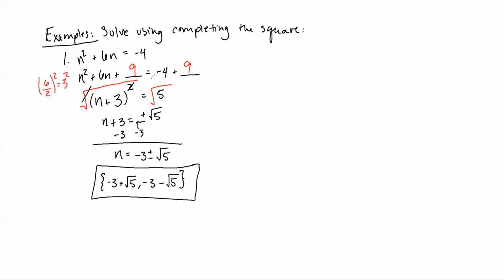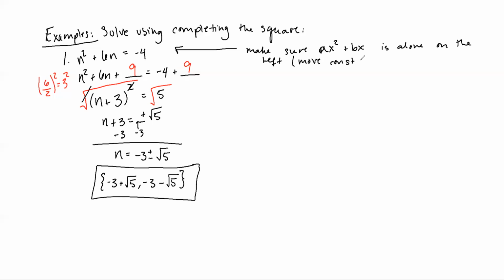So kind of breaking down what we did here, in this first step, you want to make sure we write it like this: ax squared plus bx is alone on the left. Or in other words, move the constant to the right, which we already had here. In the second step here, we are completing the square.